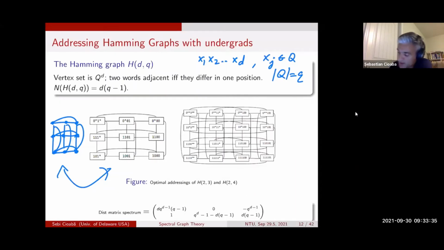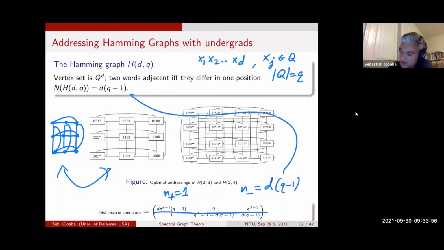Here I have eigenvalues on the first row, and their multiplicity on the second row. You have one positive eigenvalue, and one negative eigenvalue for the distance matrix with multiplicity d(q minus 1), and that matches our upper bound, and that's how we got the result.